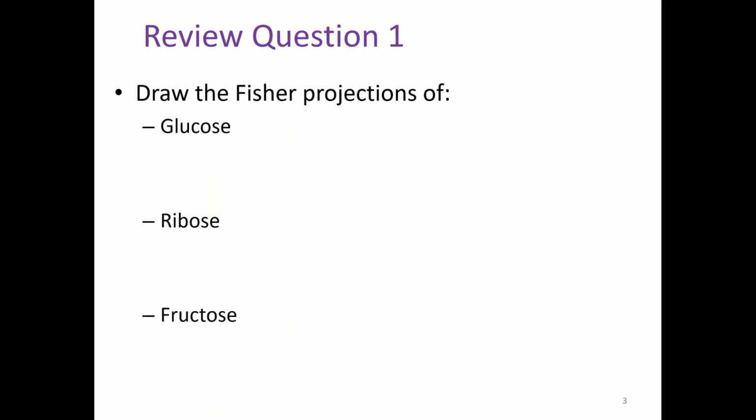To answer this question, you first need to know whether your sugar is an aldose or a ketose, and you also need to know how many carbons are in each sugar. So if we start with glucose, glucose is an aldose. That means we're going to have to draw our aldehyde group at carbon 1. And you always start with carbon 1 at the top.